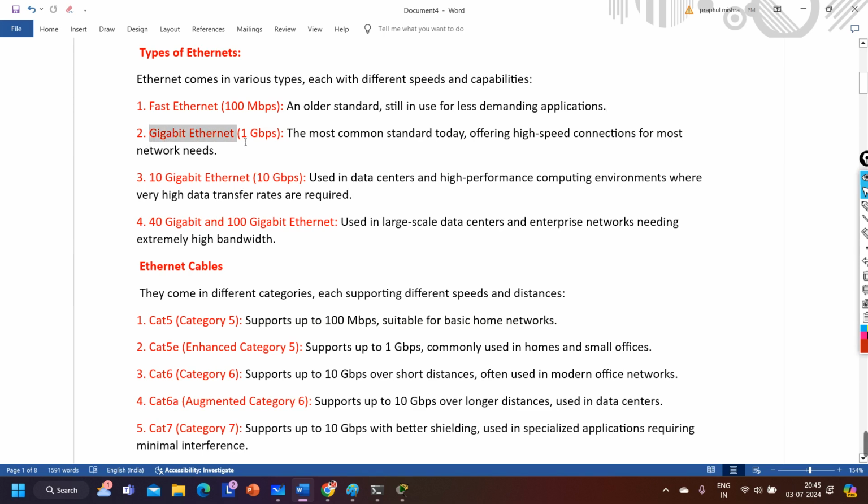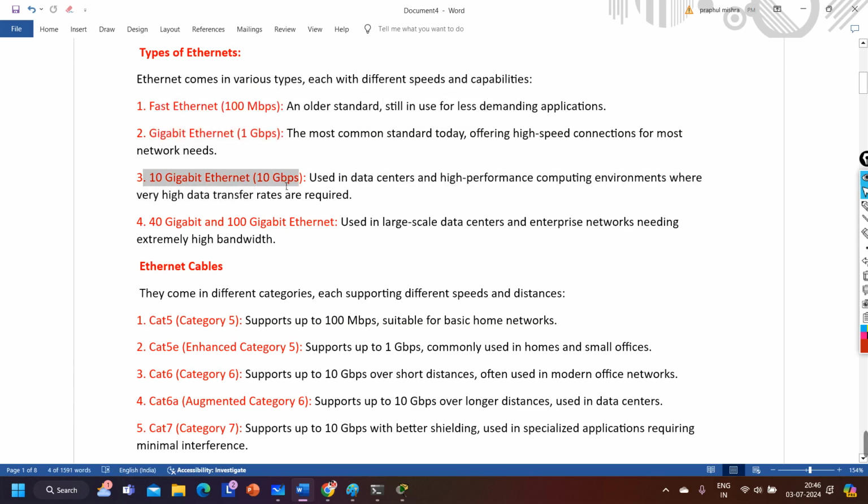Then guys, Gigabit Ethernet provides 1 Gbps bandwidth, the most common standard today, offering high speed connection for most network needs. So that's why most of the time you will see this cable in the production network, as in big enterprise companies.